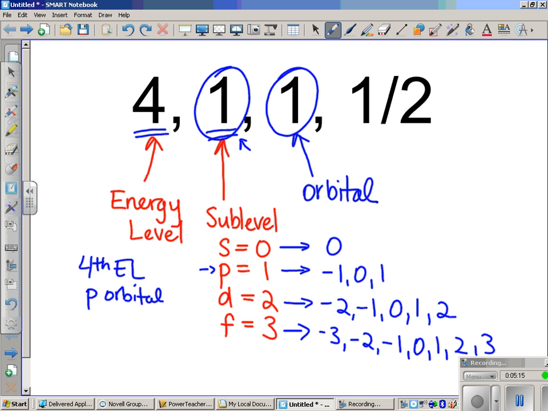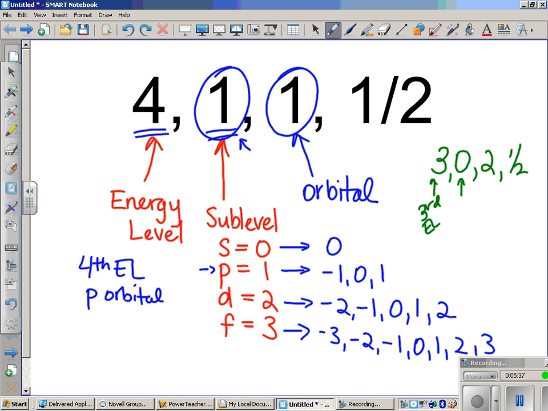What they're going to do sometimes is ask you a question that says, which of the following is not a possible set of quantum numbers? And they might give you something like, say, 3, 0, 2, and 1/2. Now, we haven't talked about the 1/2 part yet. We'll get to that in just a second. But this is saying third energy level. Okay, so that makes sense. That's fine. We can have a third energy level valence electron.